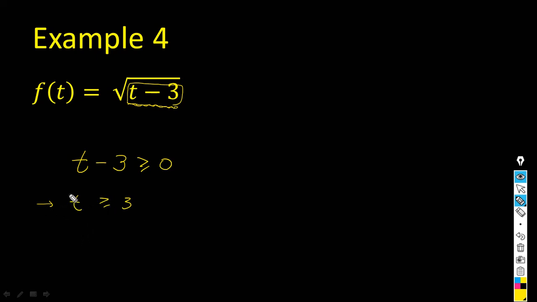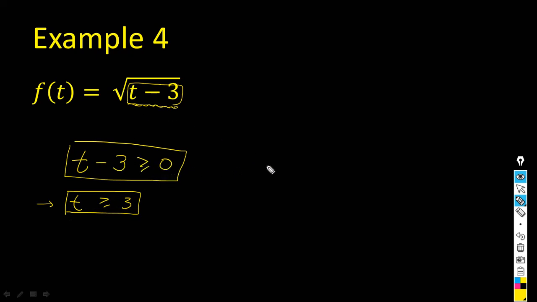So this is the answer that mathematics is giving me. My question was, what are those numbers t such that t minus 3 is greater or equal than 0? And mathematics is telling me, oh, okay, t has to be greater or equal than 3 in order for this to be greater or equal than 0. And it makes sense, right?